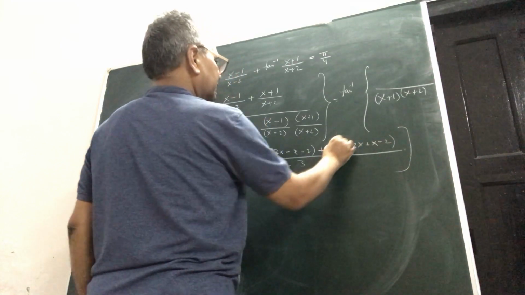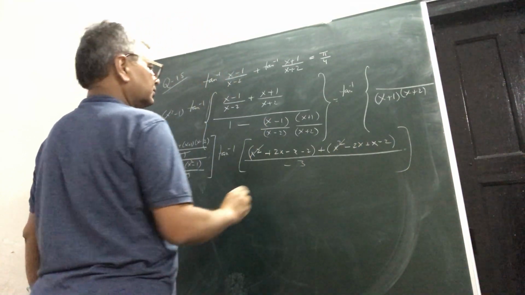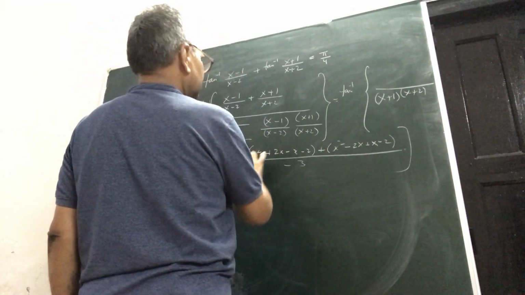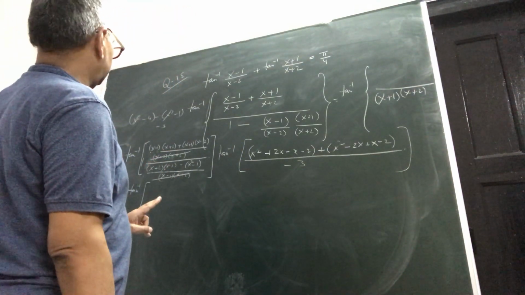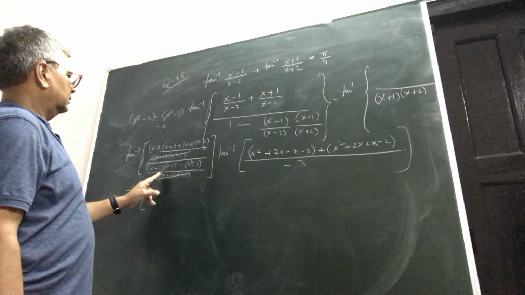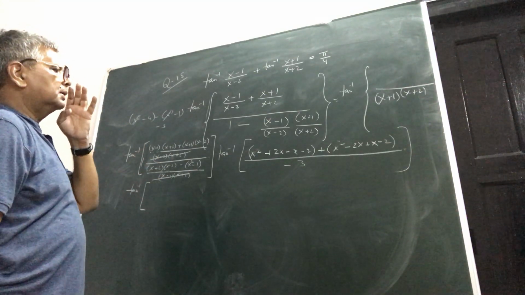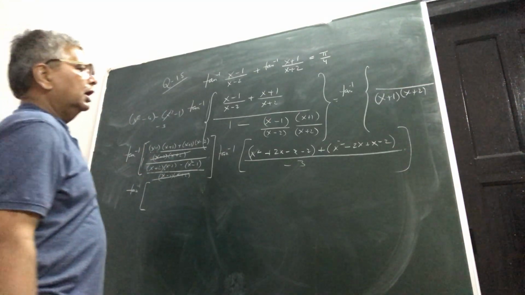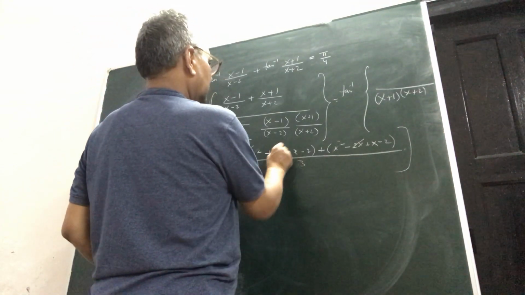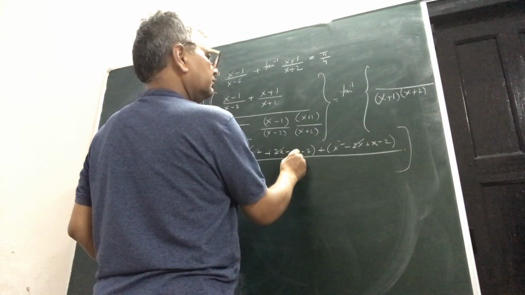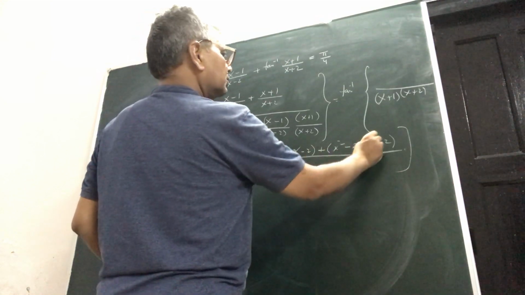Now here x square with x square will be giving you 2x square. It is a plus sign in the numerator, okay. And this 2x goes, this minus x with plus x also goes.